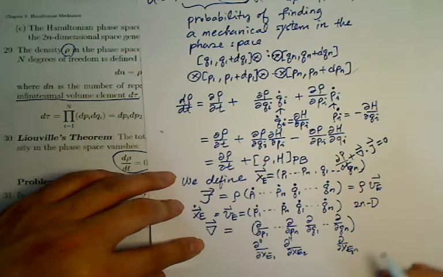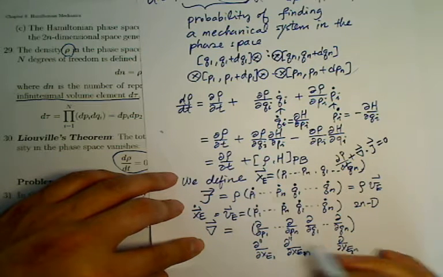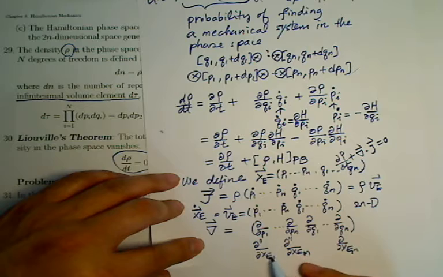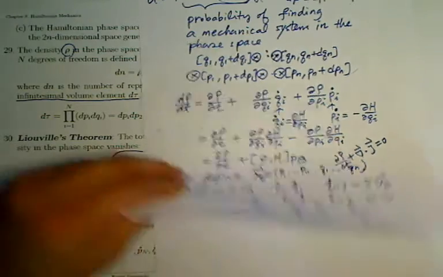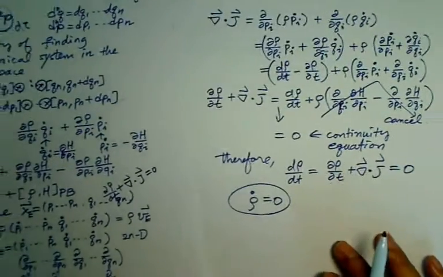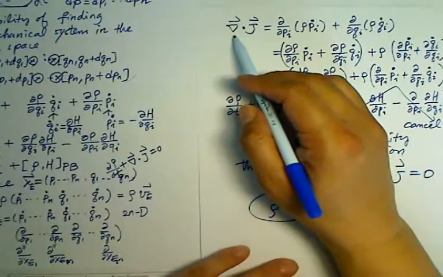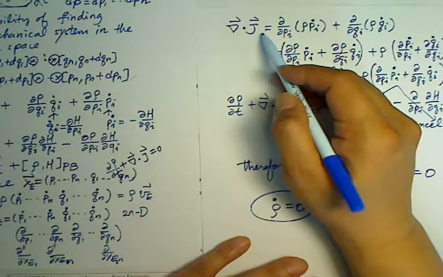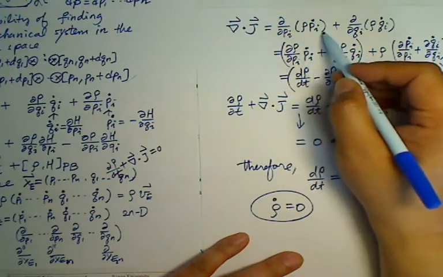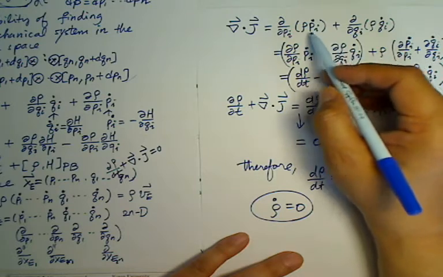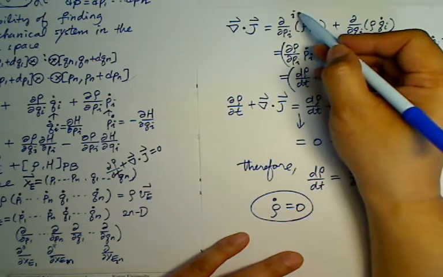2n, right? But this is nth. P1 derivative, Pn derivative, and Q1 derivative, Qn derivative, and so on. If I consider the divergence of current density, this current density is rho times velocity.